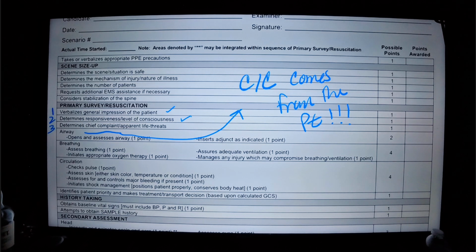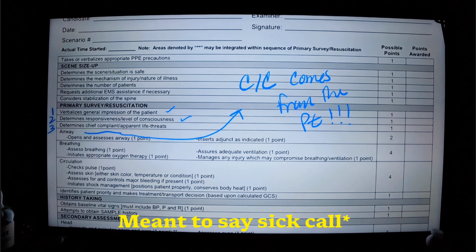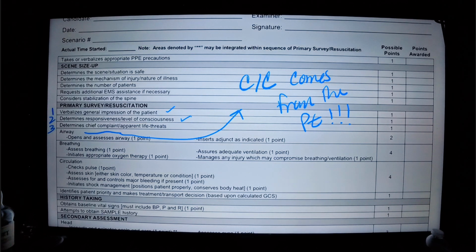Well, general body weakness could be a chief complaint, right? It could be a type of call and also a chief complaint. Chief complaint of fall? How is that a chief complaint?